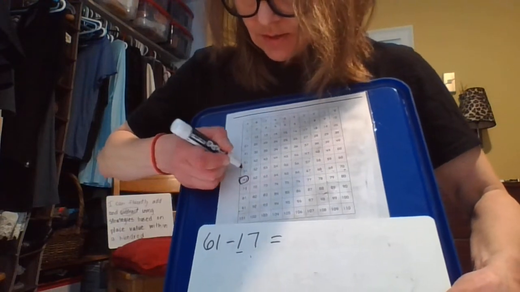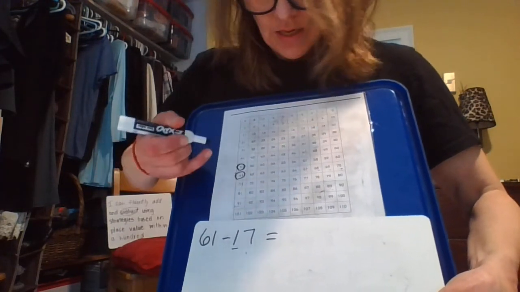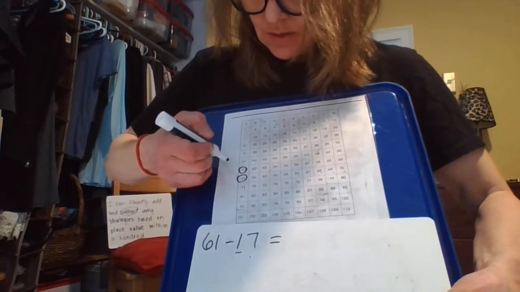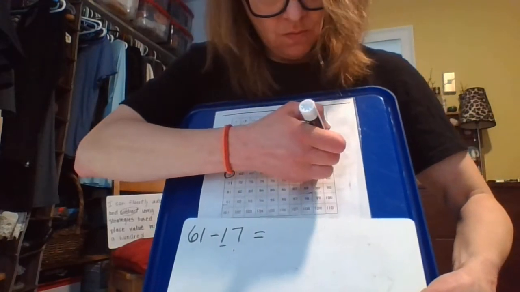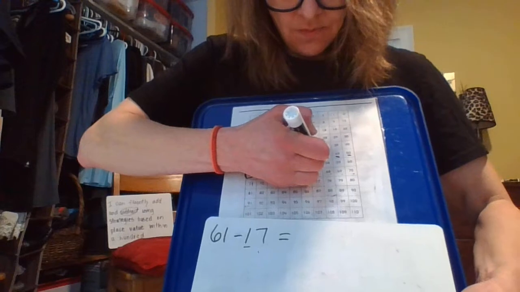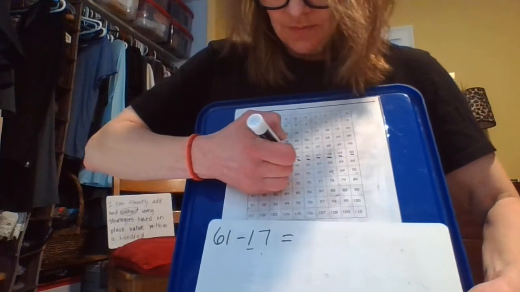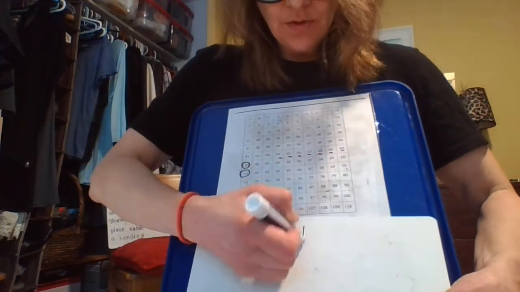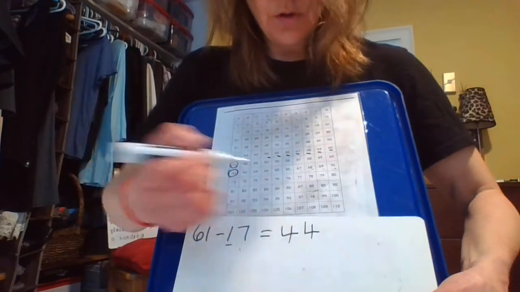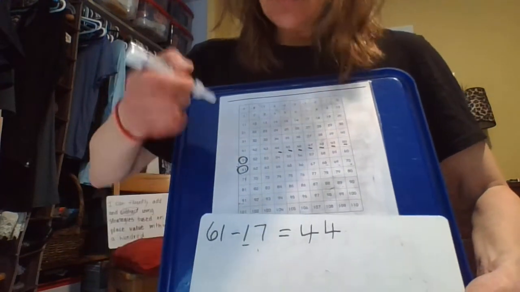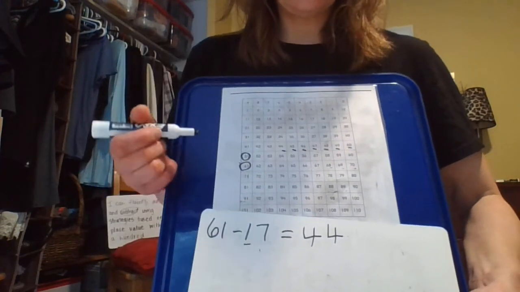So we minus 1 ten, and we get to 51, and then 7 ones. We do our return sweep, and we count 1, 2, 3, 4, 5, 6, 7, and we end up with 44. So that's one way to do it. You can use the hundreds grid.